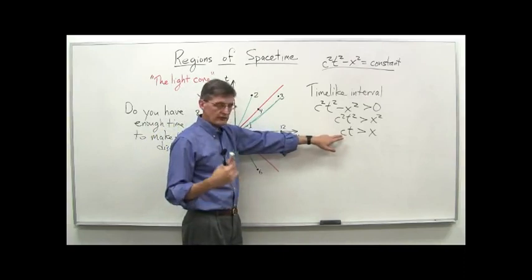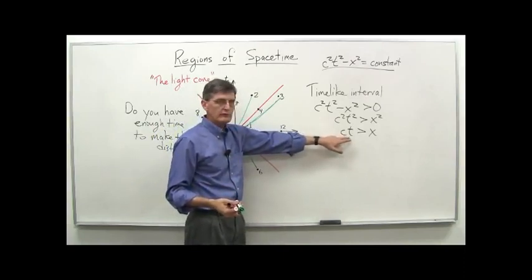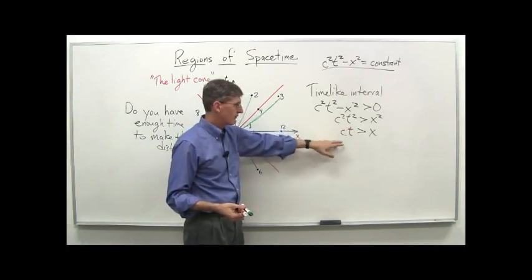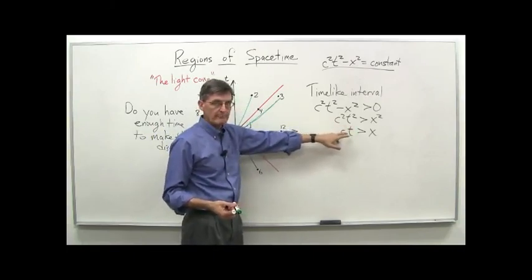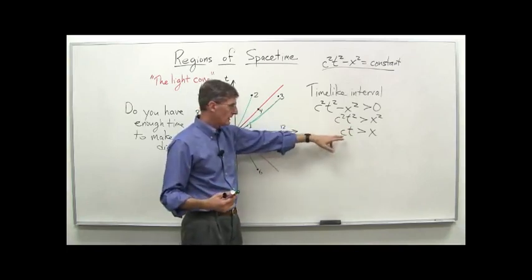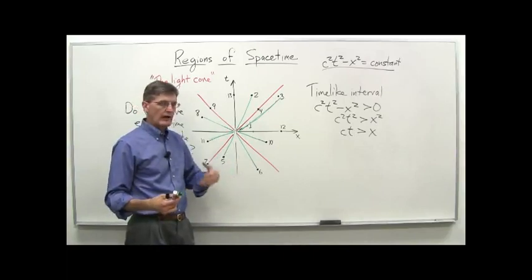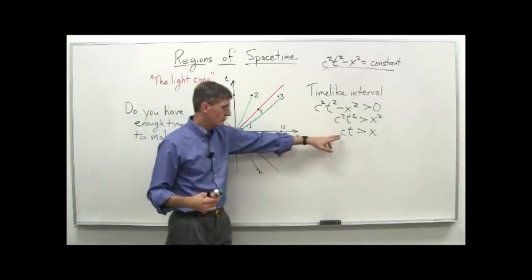Here c is, of course, the speed of light, times a certain time. This is the distance that light can travel in a given time. If I've got 10 seconds or 10 minutes, how far does light travel in that time? You just do c times t.